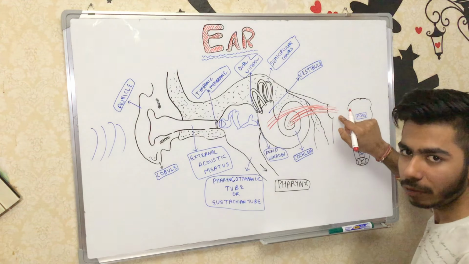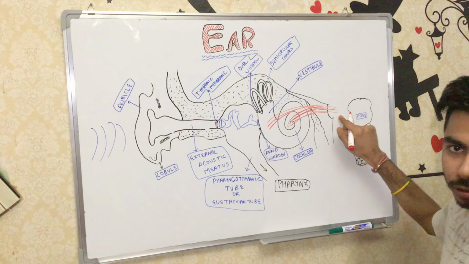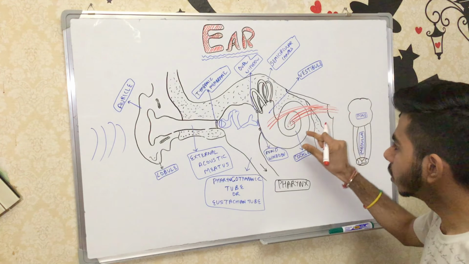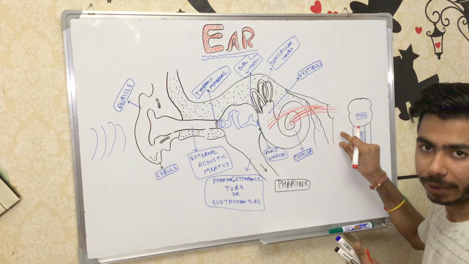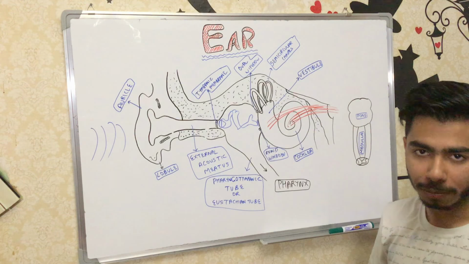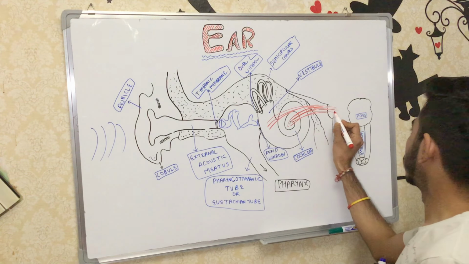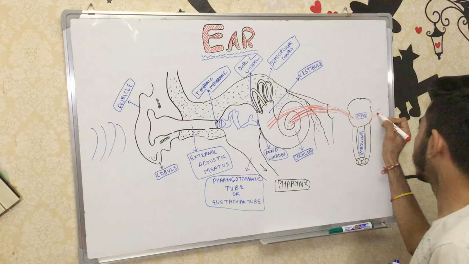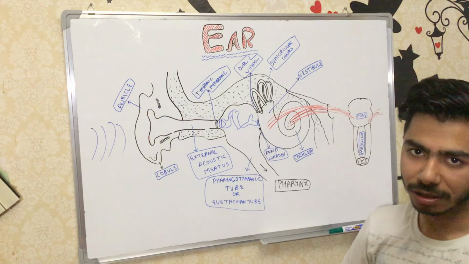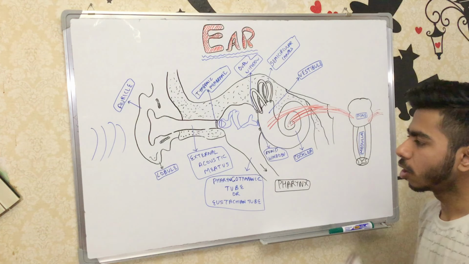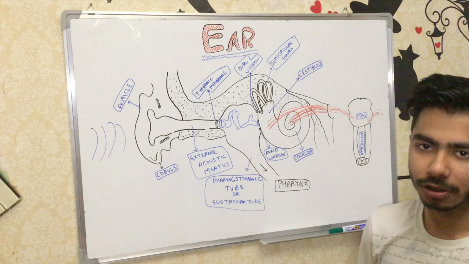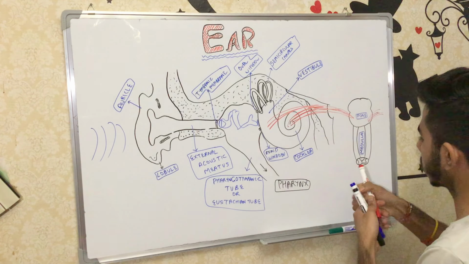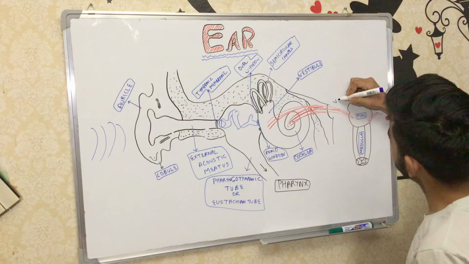Here at the end of the inner ear we have the internal acoustic meatus, which guides the vestibulocochlear nerve from the inner ear to the brain stem, the pons more precisely. These nerves go to the pons, and from the other side also they are coming, and they are sending the signals like this, and that's how we can hear the voices or sounds. So the cochlear nerve and the vestibular nerve combinedly form the vestibulocochlear nerve, making the eighth cranial nerve.